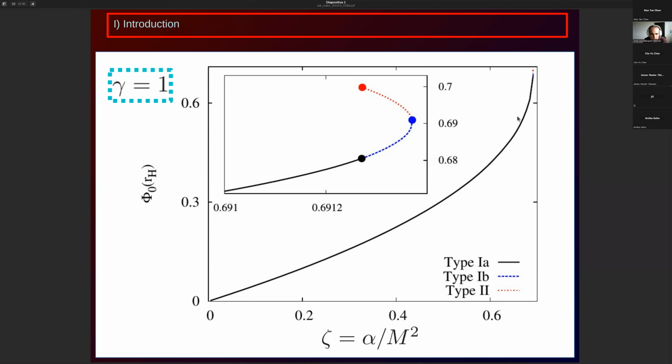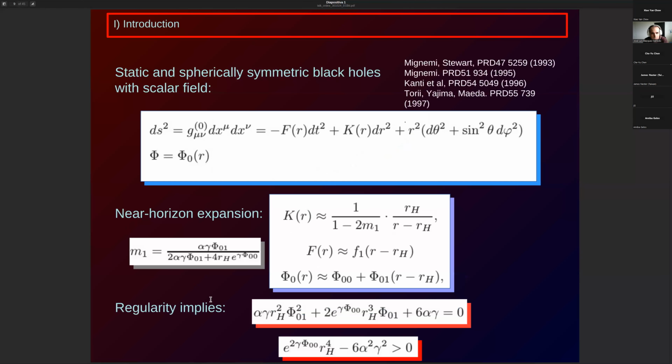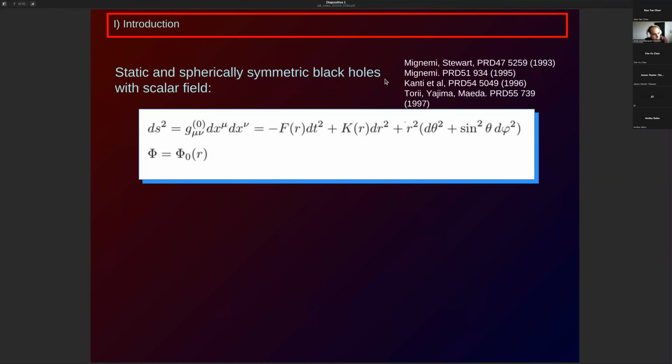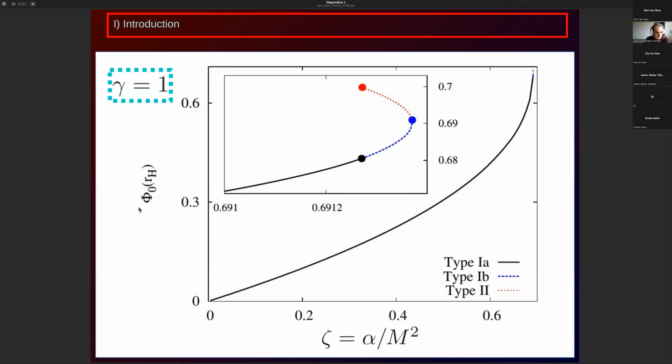And then you get this: the solutions nicely stay on this one-parameter curve. For alpha equals 0, you have Einstein theory. You completely kill the Gauss-Bonnet coupling. You just have Einstein with some trivial scalar, fine. As you increase the coupling, you are essentially increasing the scalar hair that the black hole has, right?